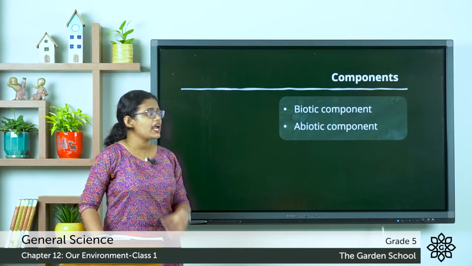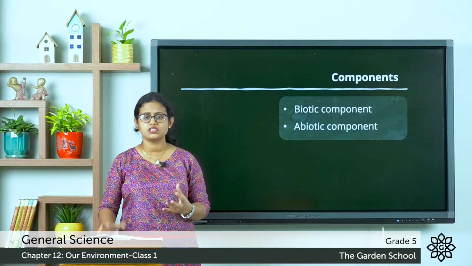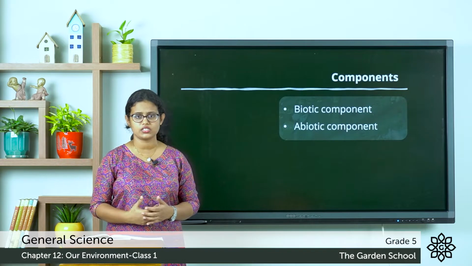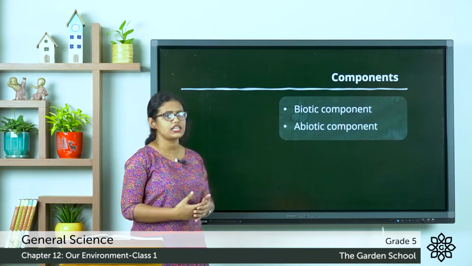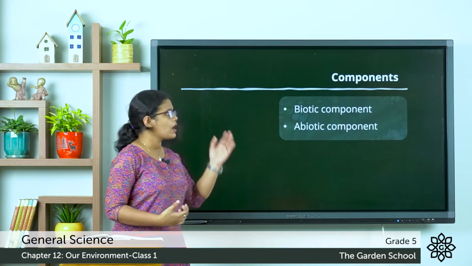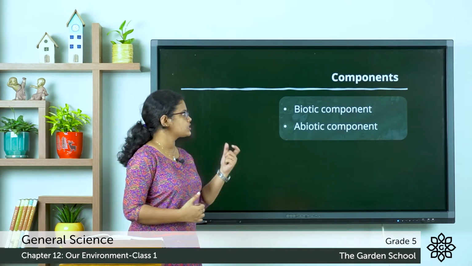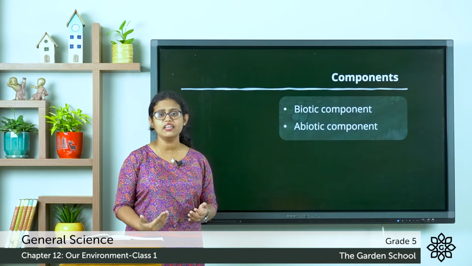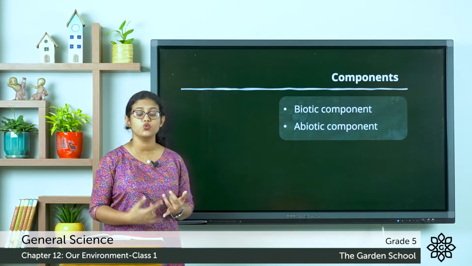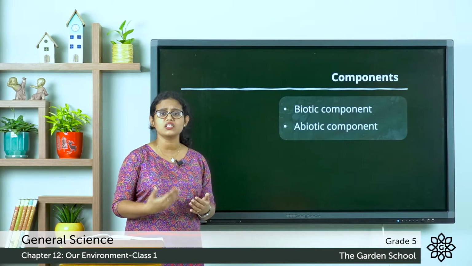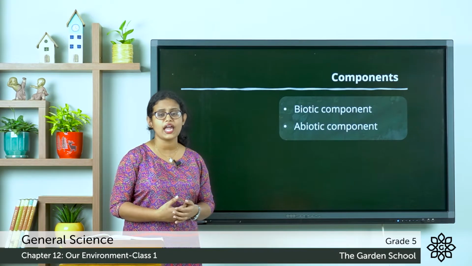So the environment consists of both living and non-living components. That is, we can say it consists of both biotic as well as abiotic components. Biotic component means living component. That is, it includes plants, animals, microorganisms and other living parts of the environment.